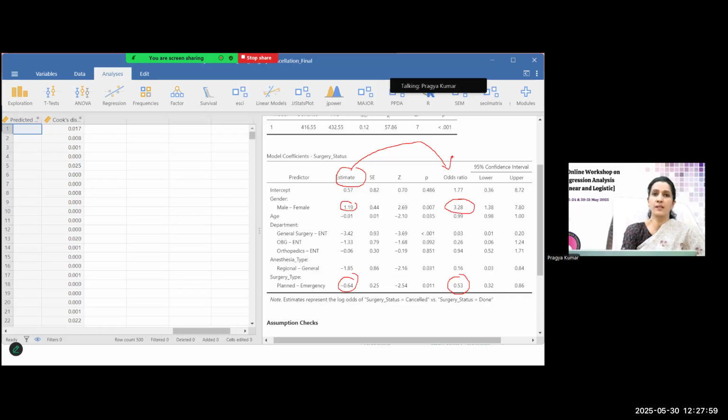It is not always necessary that you calculate RR. RR tells you the relative risk or risk ratio, but if you look closely, if the prevalence of whatever you are studying is less than 10%, then the numerical values of RR and OR are the same.